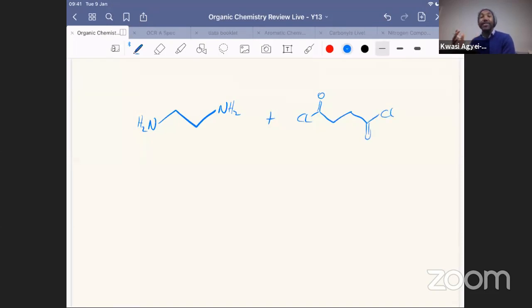Okay, so instead of having an amino acid, you could have a diamine and a dicarboxylic acid, and you could have a very large number of that and a very large number of that.